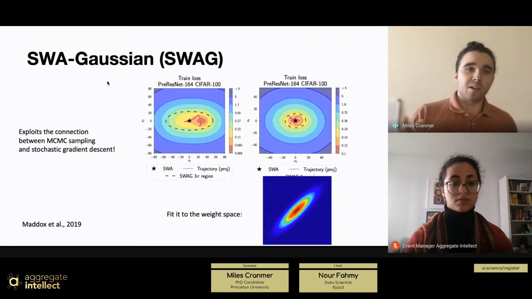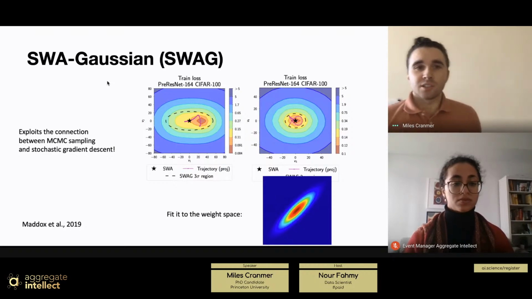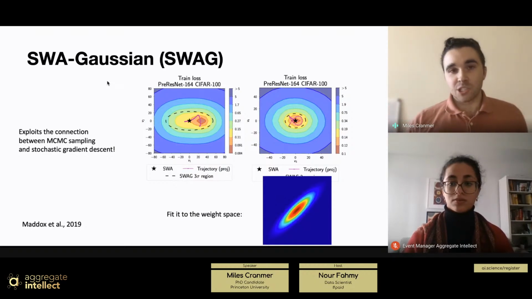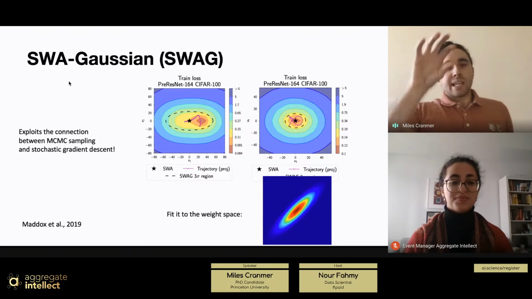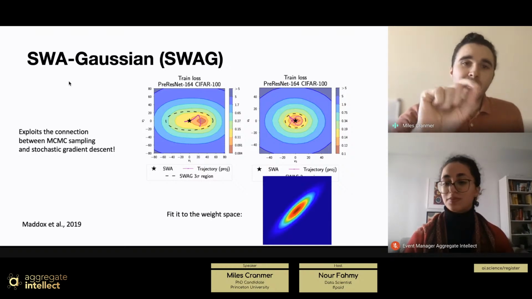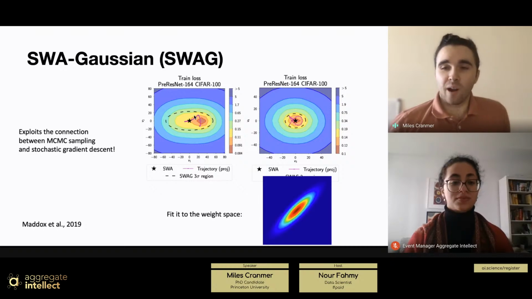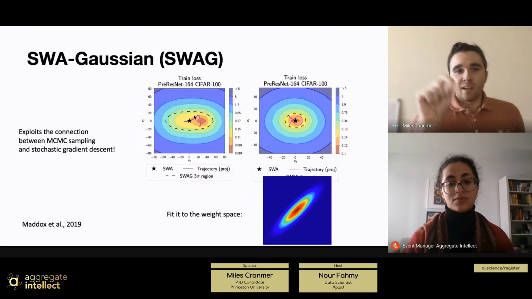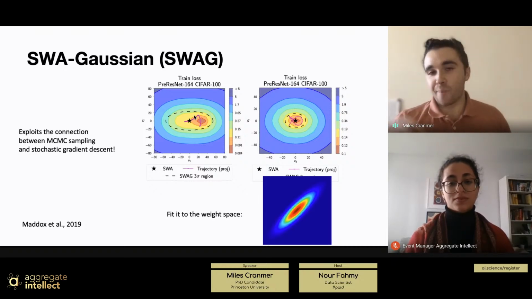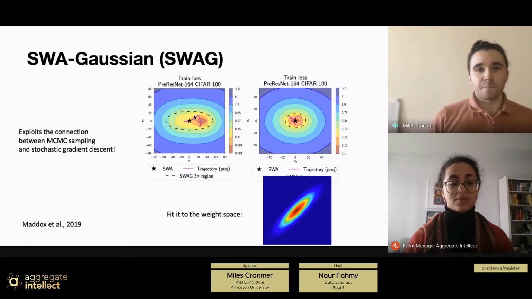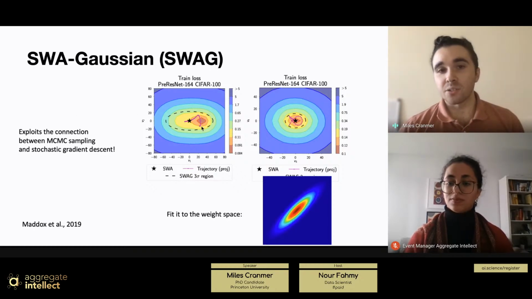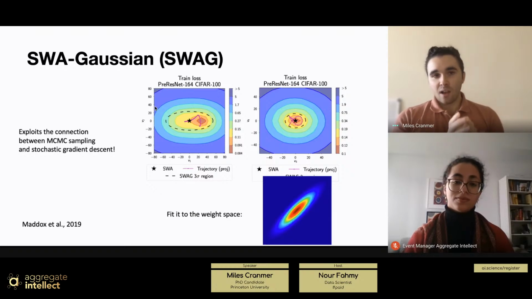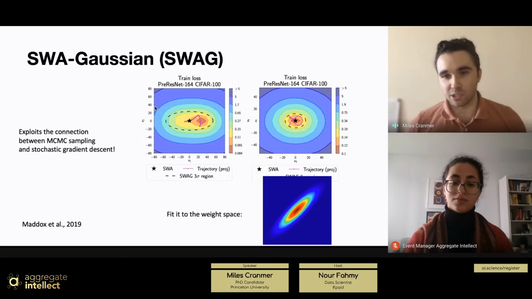The second paper by this group is called Stochastic Weight Averaging Gaussian, or SWAG. And what they do here, instead of just fitting the mean of the path of your optimizer, so you're randomly moving around space when you're optimizing the parameters, instead of just fitting the mean, they also fit an entire Gaussian.